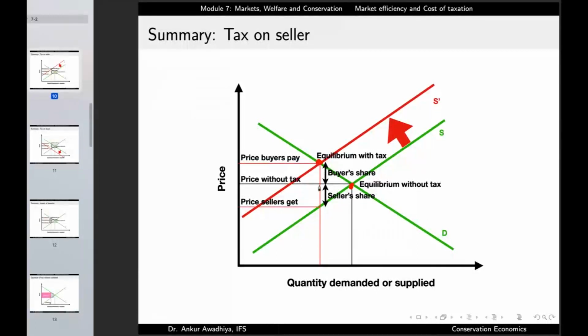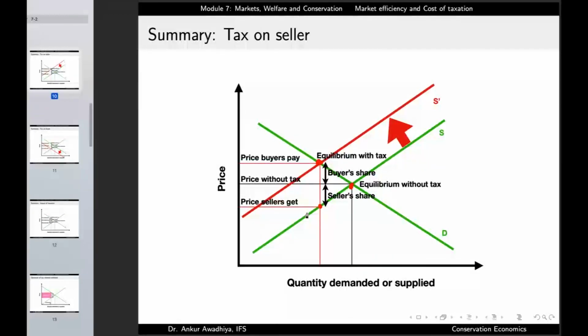But now, when we have shifted it to the left, the buyers are paying this price and the sellers are getting the price given by this vertical line intersecting with the supply curve. The difference between the price that the buyers are paying and the price that the sellers are getting is the amount of taxation imposed by the government.